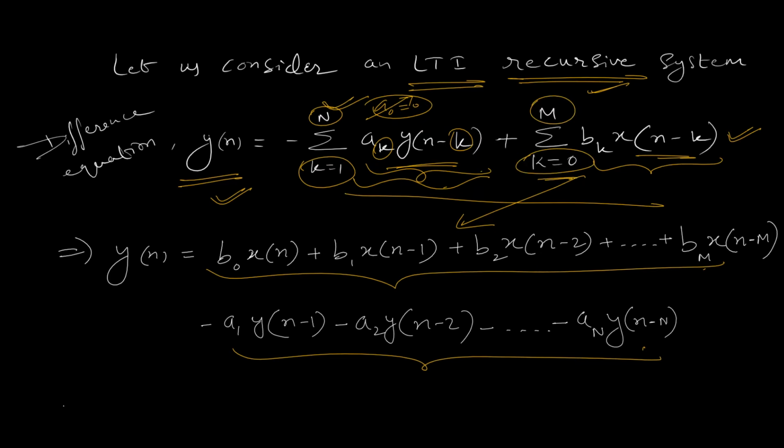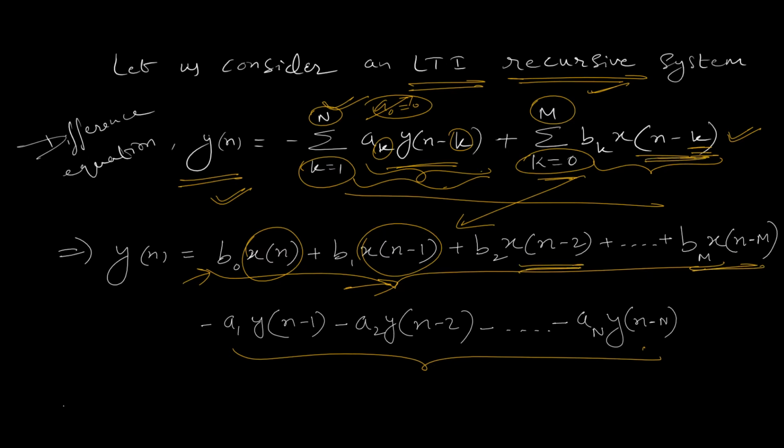As you can see in this equation, if k is 0, you get x of n only. Likewise, if k is 1, you get x of n minus 1, shifted by 1 unit. Likewise, we have a shift of 2 units if k is 2, and if k is M, we'll have a shift of M units.